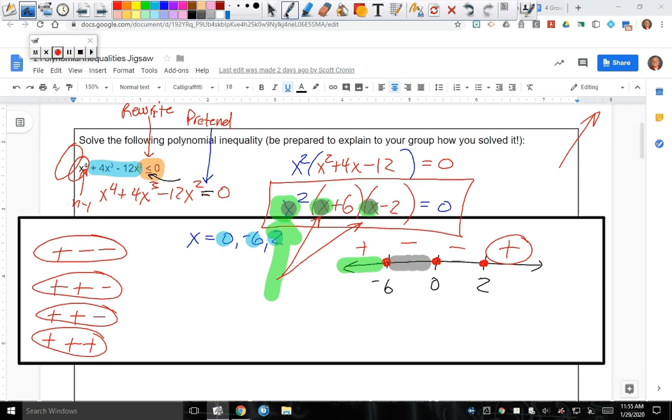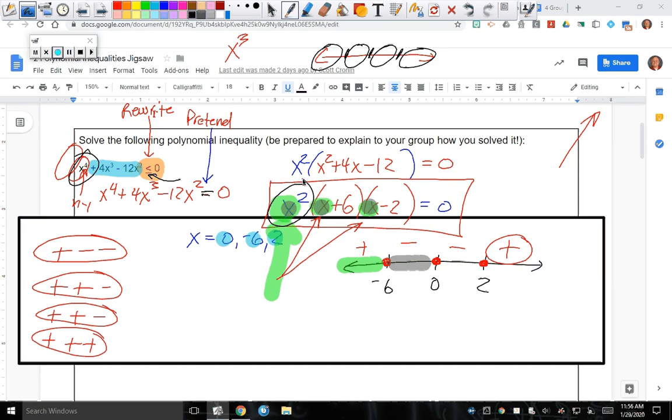So let me show you like this. If I have 3 roots, let's say that I had, this was my biggest power. That means I have a possibility of 3 answers, which would mean 4 shaded regions. So it's always one more as a maximum number of intervals to test. But look, this one had 4. We didn't test 5. And the reason why we did it is because we had a double root.